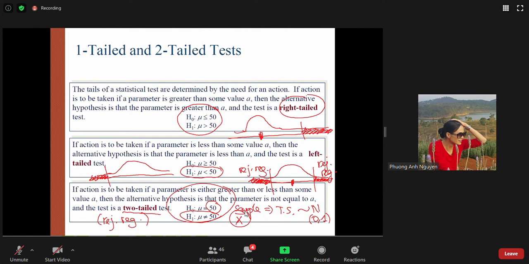These two cases are called the one-tailed test, different from the two-tailed test. The name of one-tailed test or two-tailed test comes from the rejection region form: either you have two tails, or you have only the right tail or the left tail.